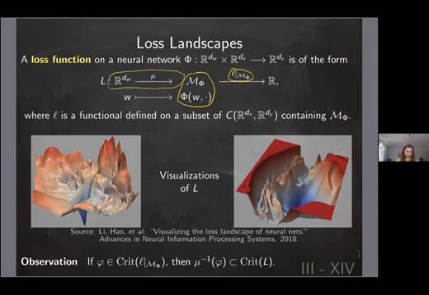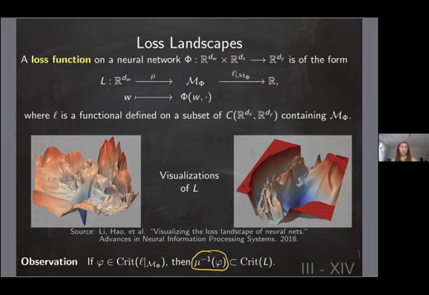And so typically this pre-image is a large set. It's often infinitely many points in practical situations, because typically our neural networks are over-parameterized.